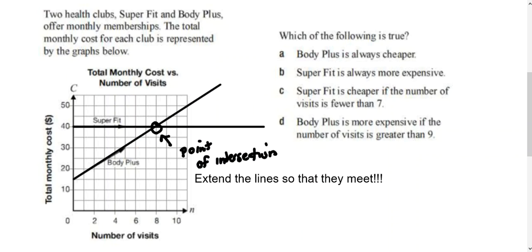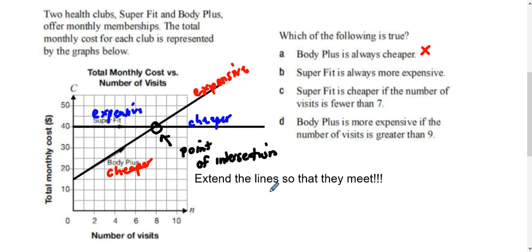So Body Plus is cheaper here, but it's actually more expensive here. So that one is not right. Superfit is always more expensive. Well, it is expensive here, but then it's cheaper here.